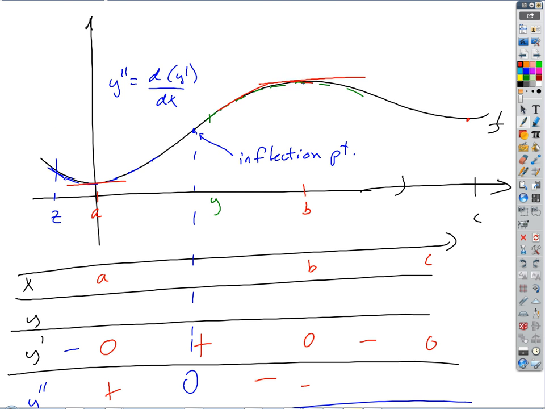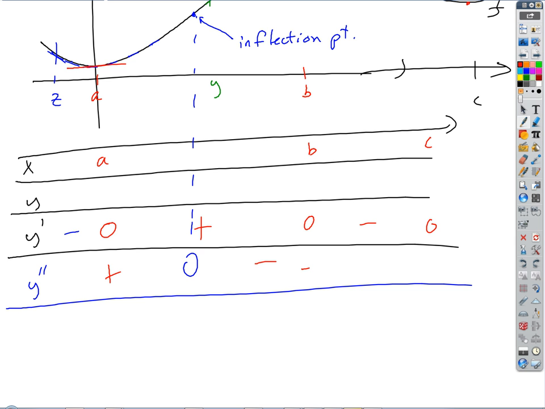Okay, so how could that be useful to us then? A couple ways. First of all, concavity is interesting in its own right. So I'm going to ask you questions like, give me the intervals where the concavity of a function is positive and negative, right? And then you would have to work down in the fourth row, I guess.